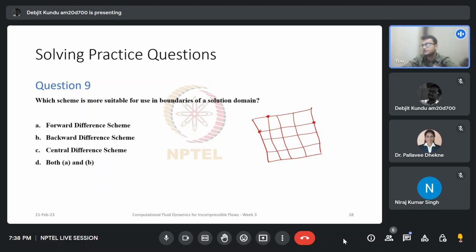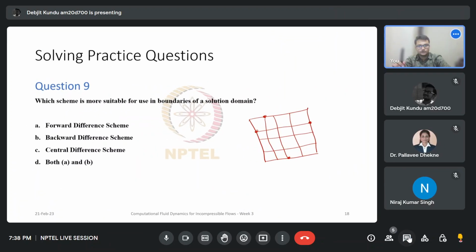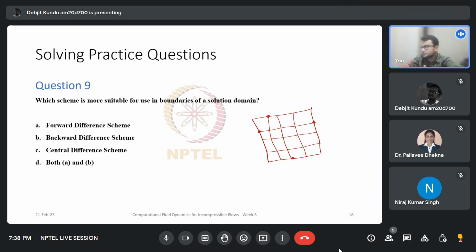Forward difference, backward difference, central difference? Okay, one response in favor of option D. Okay, option both A and B. Anyone else would like to say anything?